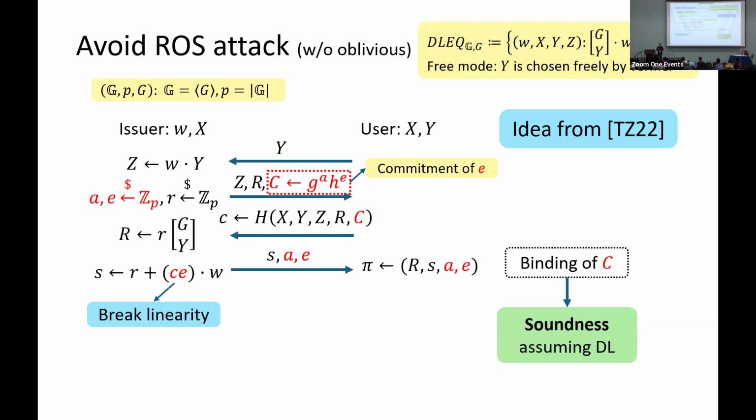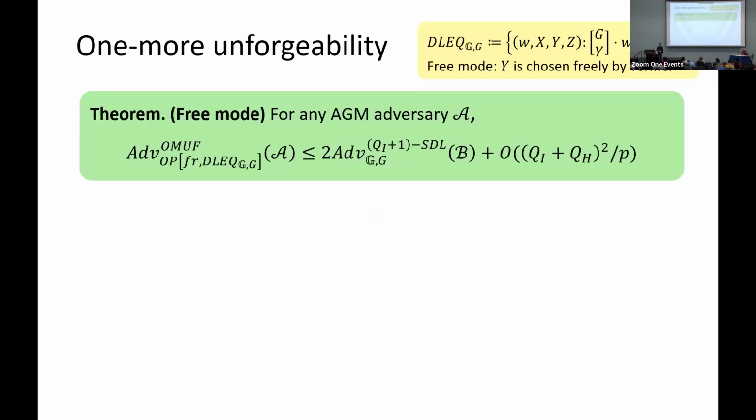We can show that the soundness now relies on the binding property of the commitment, which relies on the discrete log assumption. Following a similar diagram as shown in previous slides, we can also achieve obliviousness and prove it based on the discrete log assumption. And for one-more unforgeability, we show the following theorems.